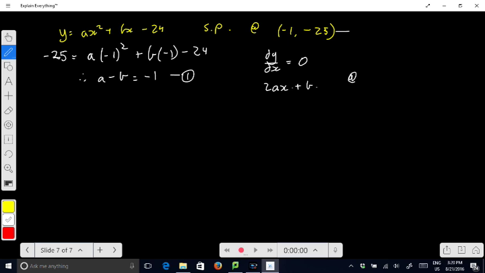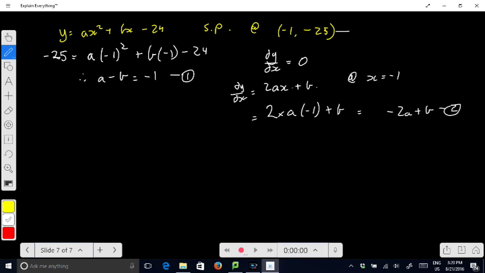And at x equals -1, I get 2 times a times -1 plus b, which is just -2a + b.